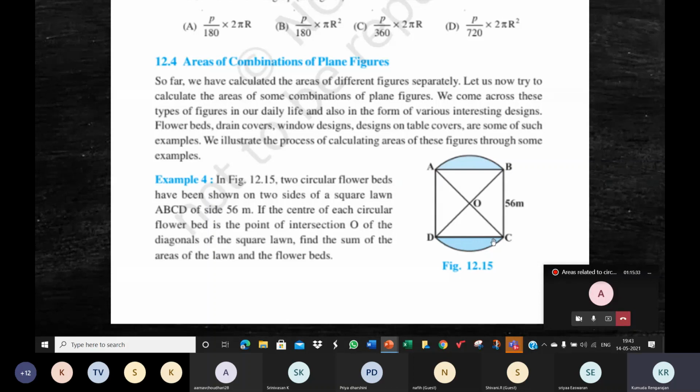If this is a semicircle, then CD should be the diameter. And how do you know if CD is the diameter? The center should lie on CD.